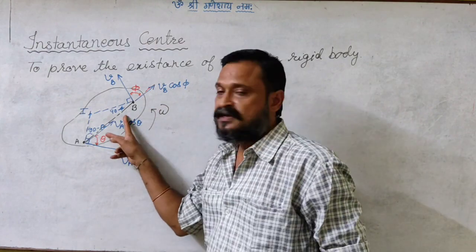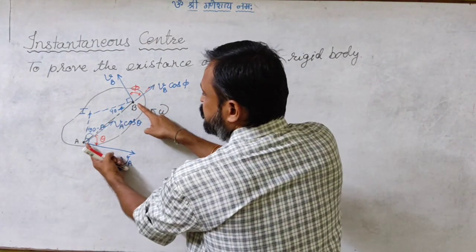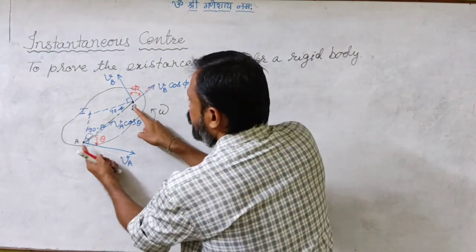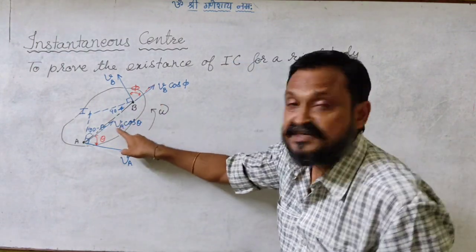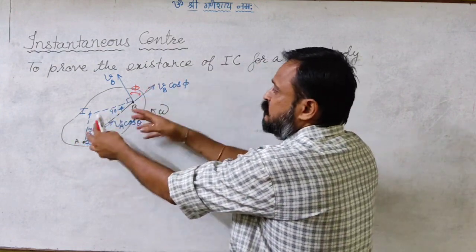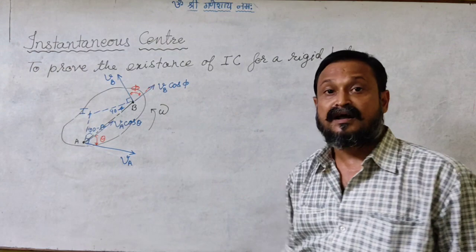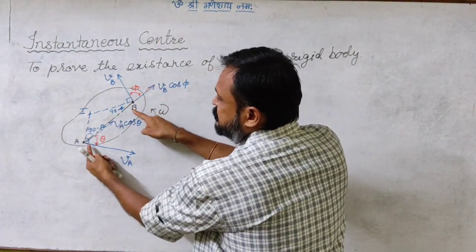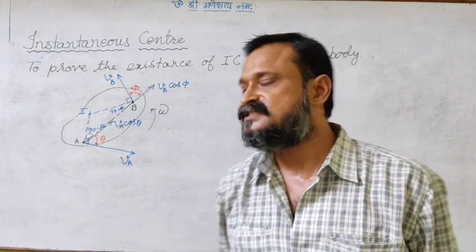Now this body is a rigid body, that means the distance between A and B is not changing. These two components along the line AB are causing motion along the line AB, but the distance between A and B is not going to change.